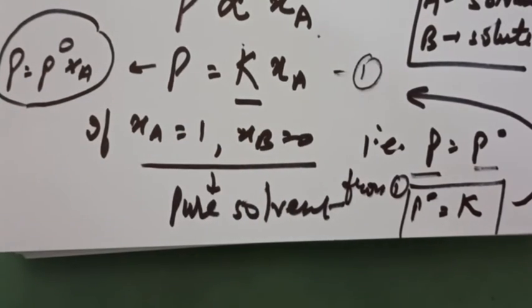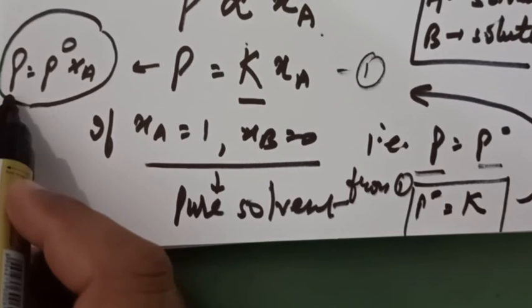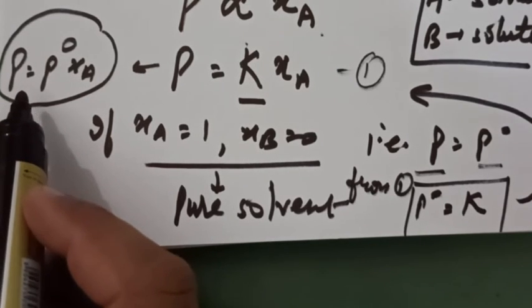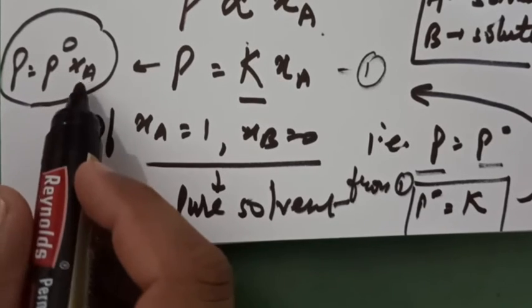that you have to remember for numericals also and for further chapters also. P is equal to P naught into XA, that is, the vapor pressure of solution is equal to the product of the vapor pressure of pure solvent and the mole fraction of the solvent.